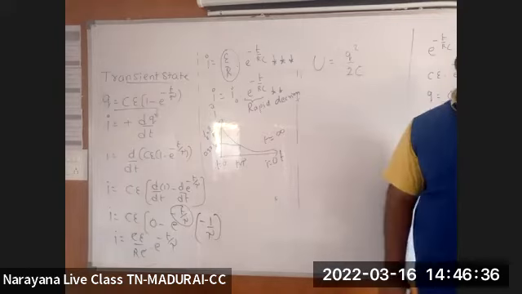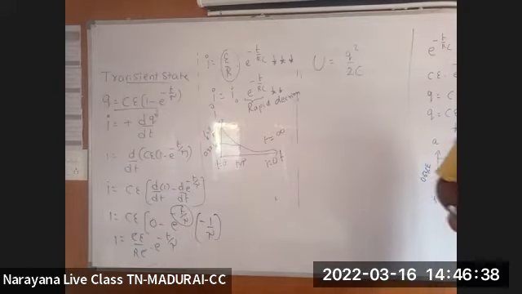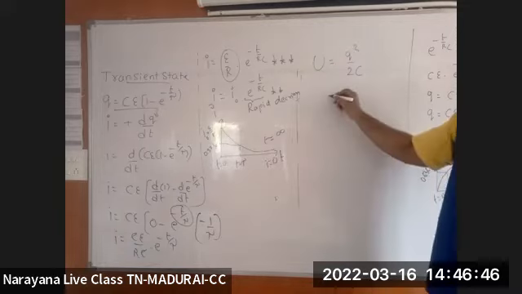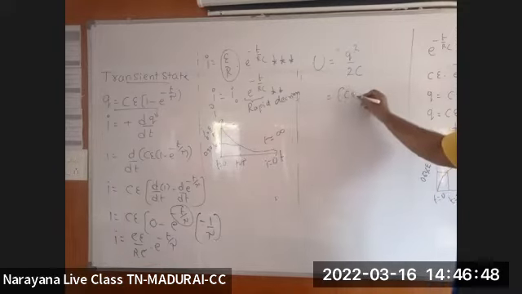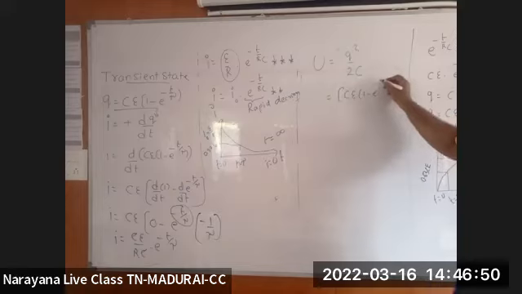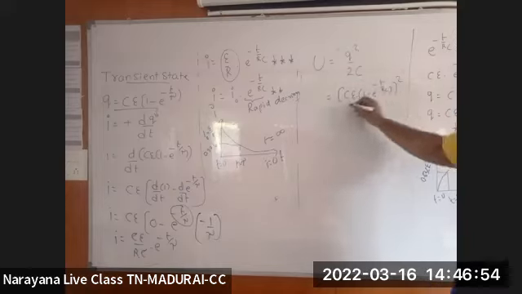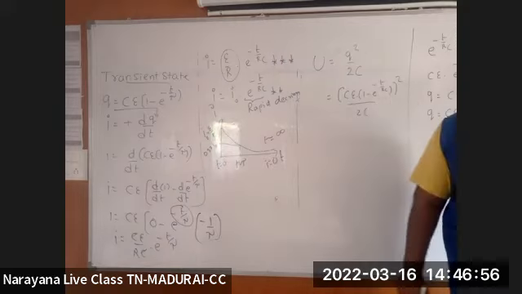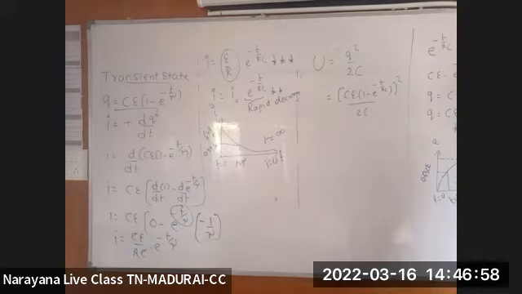Q square by 2C. What is the charge after t seconds? Very good. C into E into 1 minus e power minus t by RC, whole square, divided by 2C. This is the energy stored in the capacitor after t seconds.